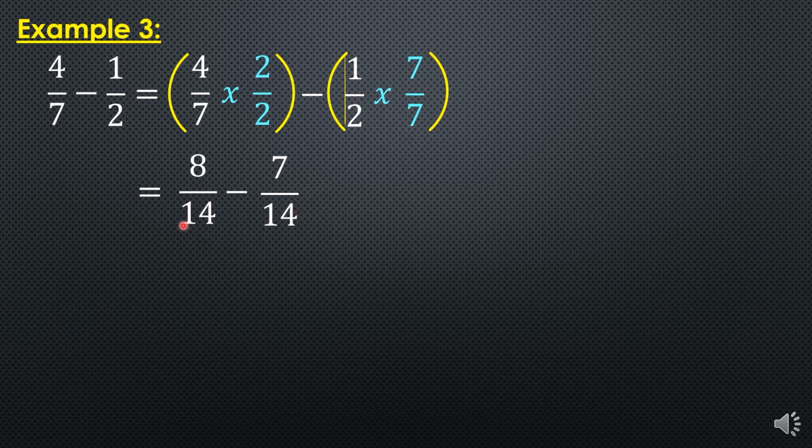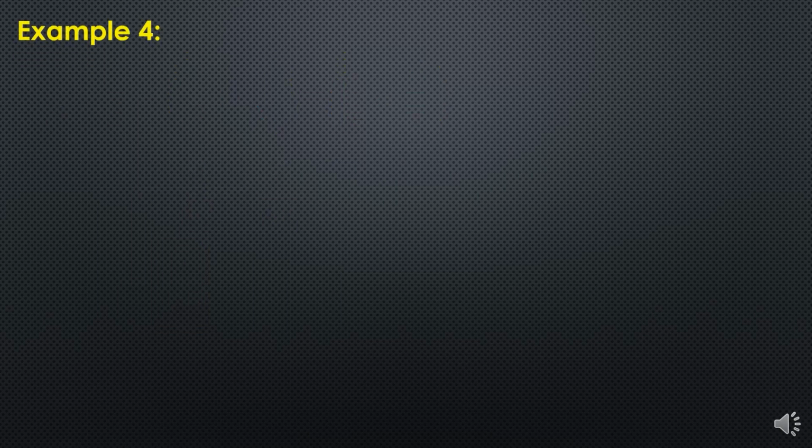So here we can see that the denominators are the same, which is 14. Now we can subtract. 8 minus 7 equals 1, and then copy the denominator, which is 14. Final answer, 1/14.